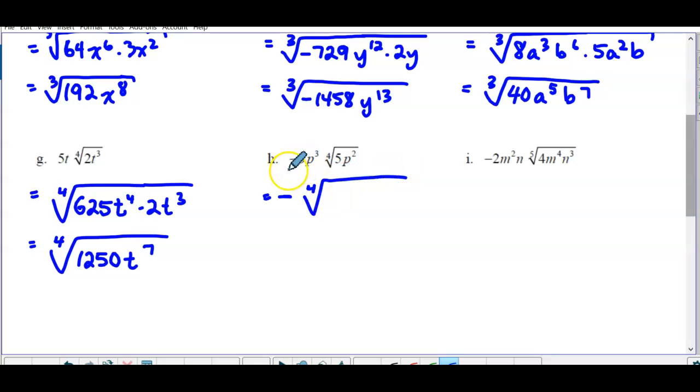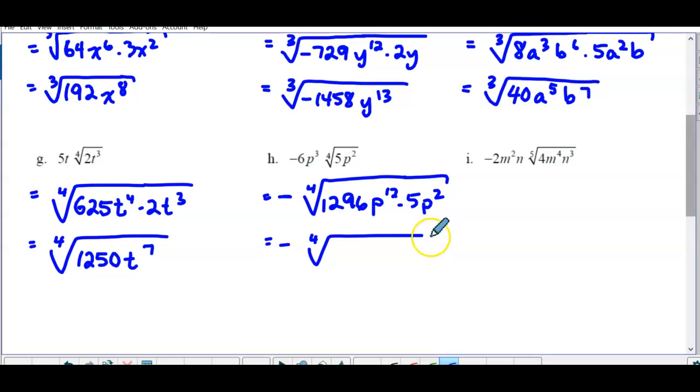Then 6 to the 4th is 1,296. P cubed to the 4th is p to the 12 times 5p squared. 1,296 times 5 is 6,480, and that's p to the 14.